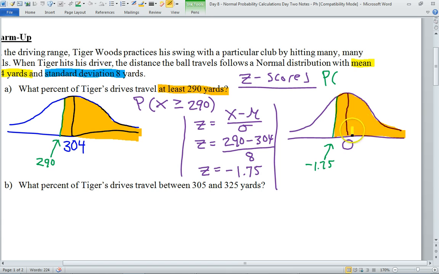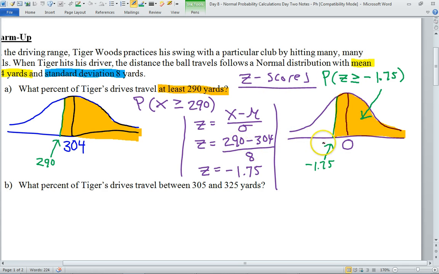That's the part that we're looking for. So we want the proportion, the percentage of z-scores that are greater than or equal to negative 1.75. That's what would be the right hand side.